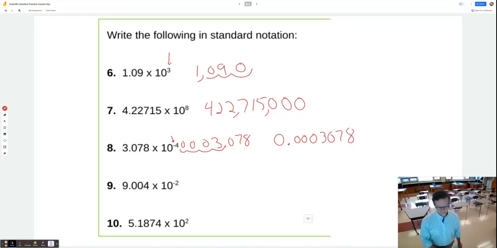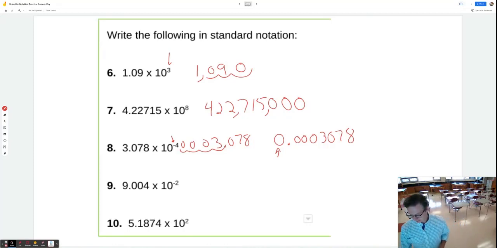Okay, we add those placeholder zeros. This one, that's just there to kind of highlight the fact that there's a decimal point there. That's not one of the jumps, but if you didn't have that 0 there and you wrote .000, that would be fine. I always put that there just to kind of highlight where the decimal point is, because it would be easy to miss. If you're writing it out and there's just a little dot there, it might be easy to miss.